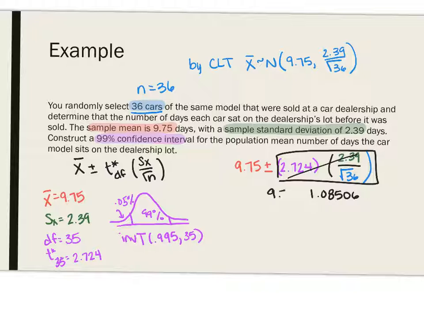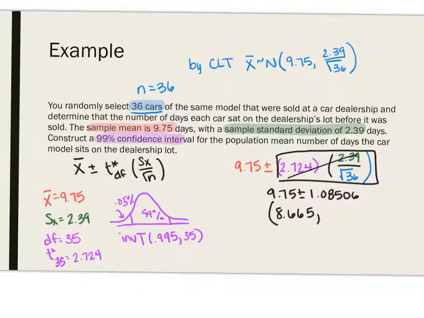And we're going to do 9.75 plus or minus that. So we're going to do 9.75 minus that first. Doing minus is going to give me the lower limit. So when I do minus that, I get 8.66494, so I'll say 8.665.